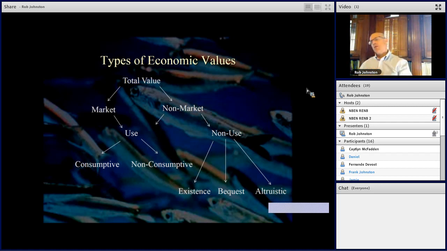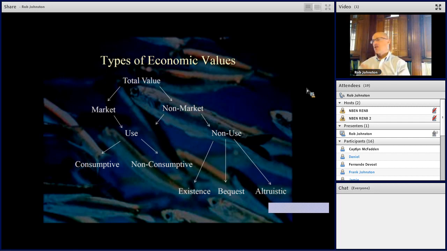Market values or non-market values can be use values, things that are linked to behavior, things that people do. You buy a car to drive it. You might go recreating at a beach. You might go bird watching, things that we can see. Non-use values are everything else. These are values you might associate with people wanting to preserve a rare or endangered species.